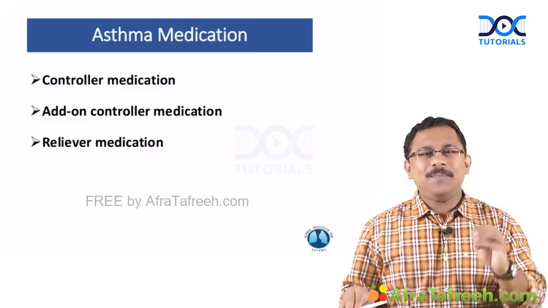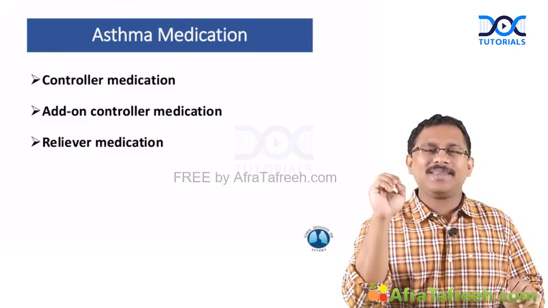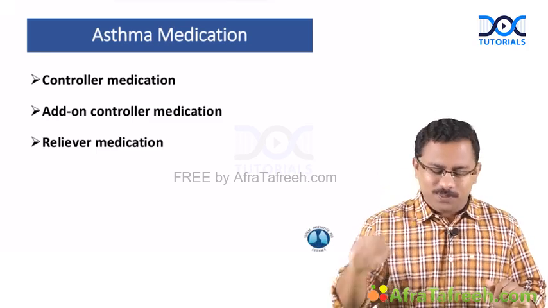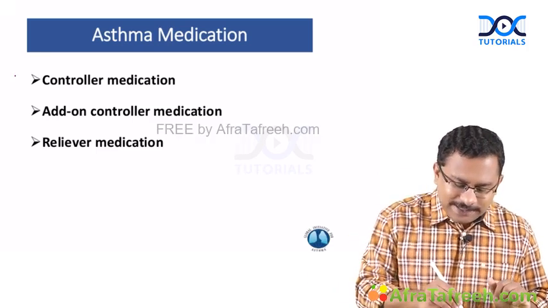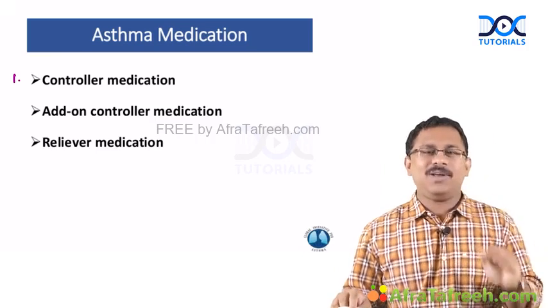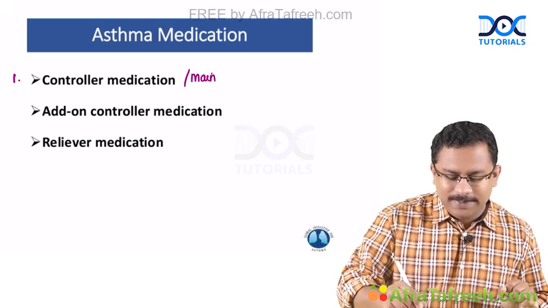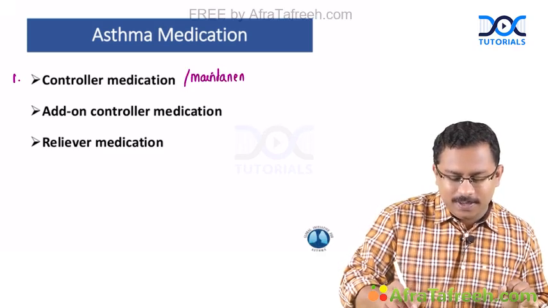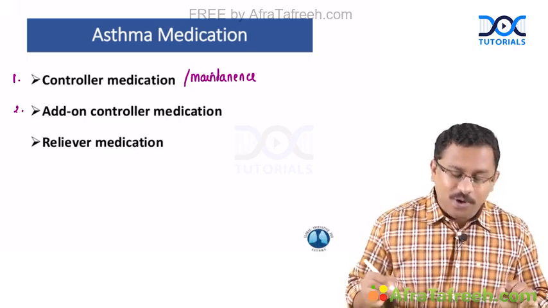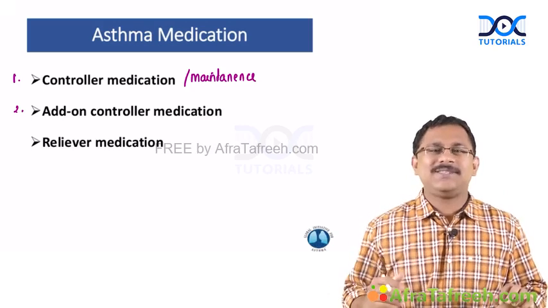Now the asthma medications that we have in our armamentarium, you can broadly divide into three groups. Number one is the controller medication, or you can even call it the maintenance medication. Then you have the add-on control medications, which are add-ons.